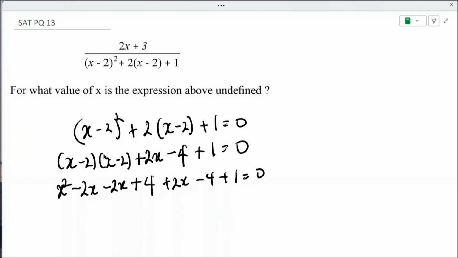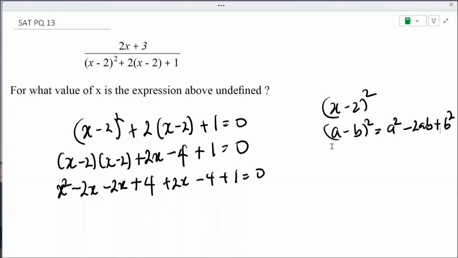Even if you want to follow this method of solving, if you are above regular, you can expand this without going through this process. (x - 2)² is the same thing as (a - b)², which equals a² - 2ab + b². Here x represents a and 2 represents b.